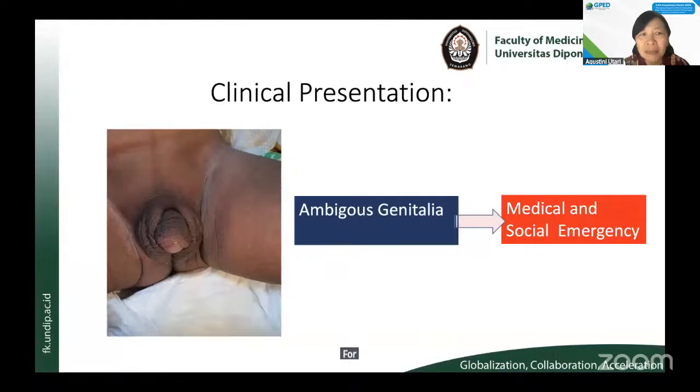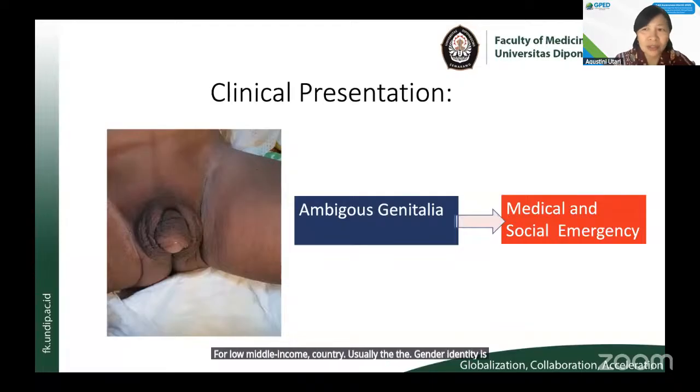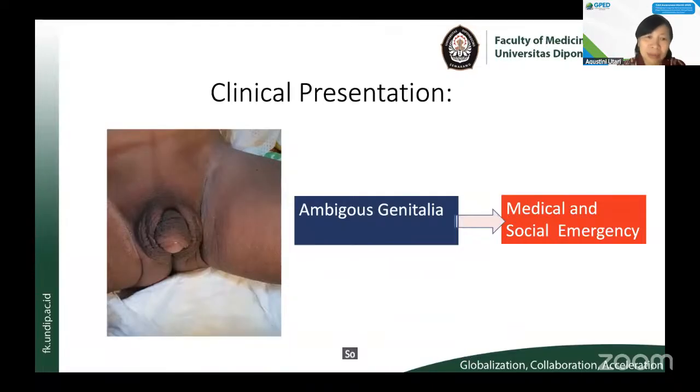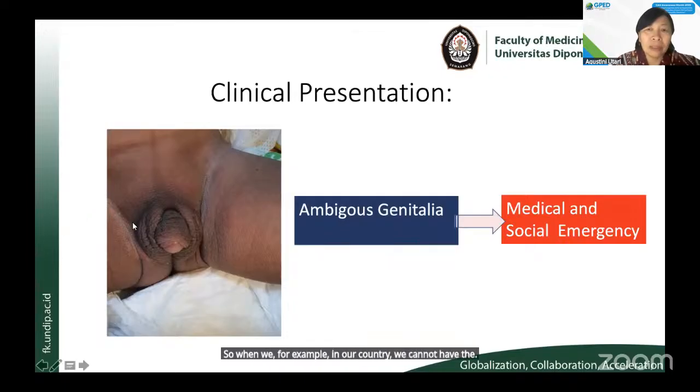In low middle income countries, usually gender identity is very important. For example, in our country, we cannot get government insurance for the baby when we cannot decide the gender of the baby.